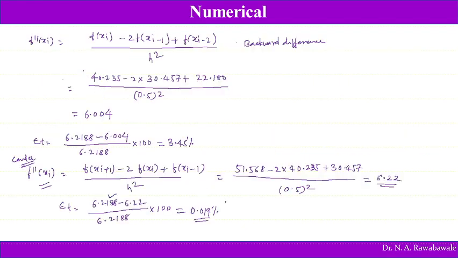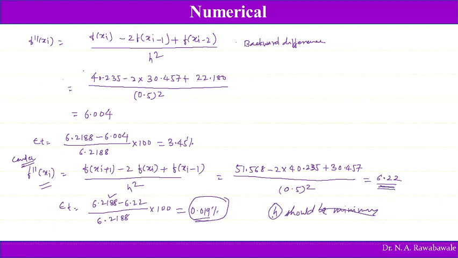So to have the minimum error, there are two things to concentrate on. One is to use the center divided difference formula as far as possible, and the other is that the value of h should be as small as possible, then the derivative we obtain will be more accurate.